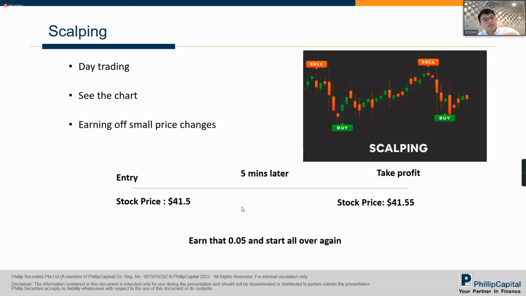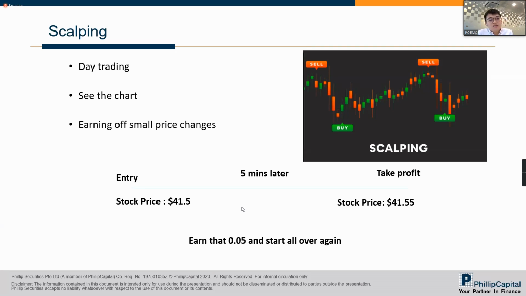Scalping is normally used for day trading. Day traders look at the chart. When they see on the daily chart that it will go down in the morning, they will sell first, they will short first. After that, they think that in the afternoon it will go up, then they will buy again.